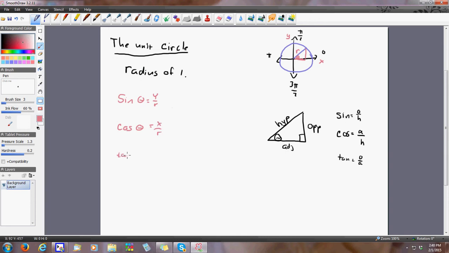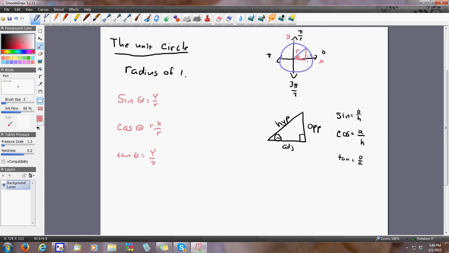And the tangent is equal to the opposite over the adjacent, but my opposite side is my y value, and my adjacent side is my x value. And so what you have is sine, cosine, tangent: y over r, x over r, y over x, which is how I remember it.